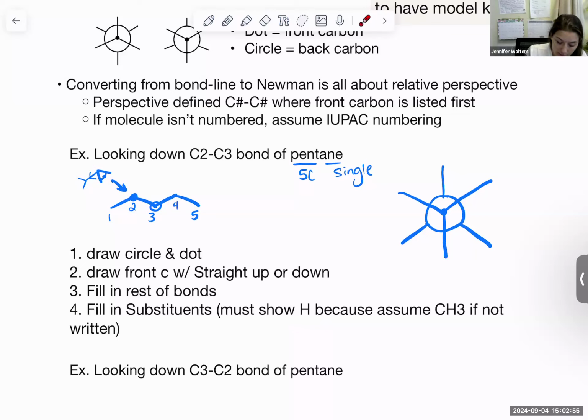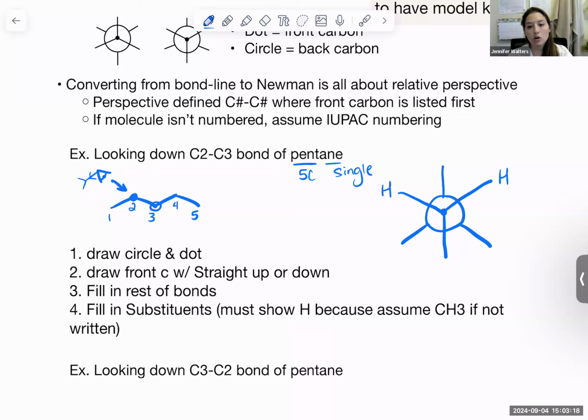So when I look at this, carbon 1 is that methyl, so that's fine. I don't have to draw anything there, it's just a straight line. That's it. It's a CH3. The other 2 atoms coming off of that front carbon pointing up are the hydrogens. So I have to have a hydrogen going up and to the left and up to the right. Those are the hydrogens on carbon 2.